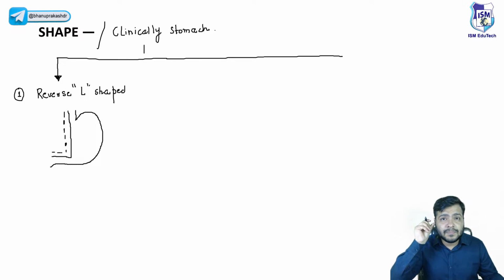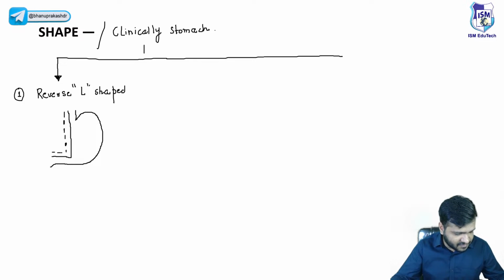On barium meal swallow, we can observe the esophagus, the stomach, and the duodenum, and in that we can see the shape of the stomach. It is reverse L shaped like this.